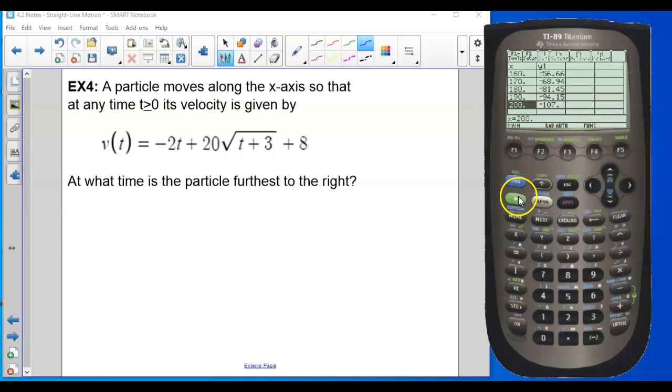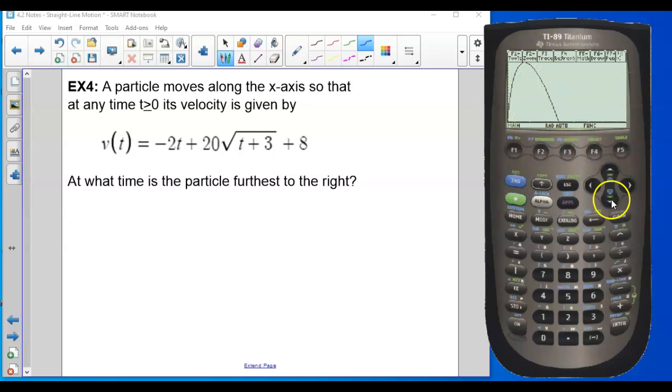So if I go back to that graph, that's how you can know you should go out a little bit further. This time, zoom fit.